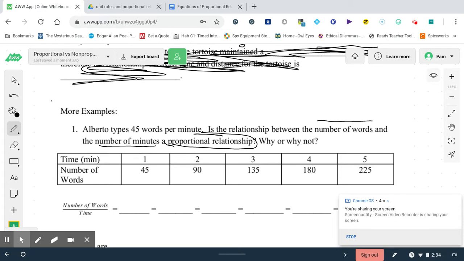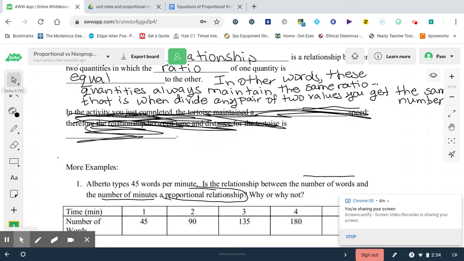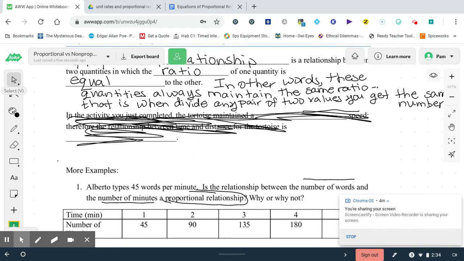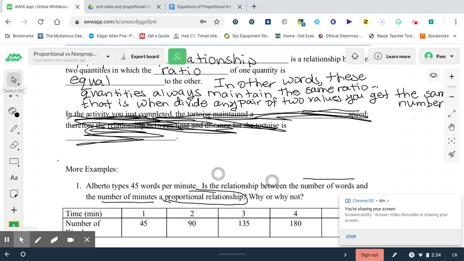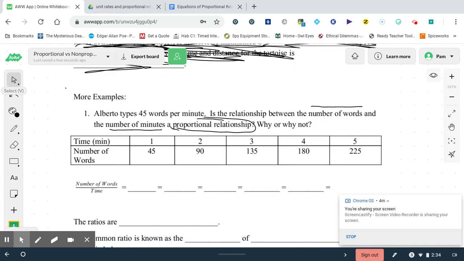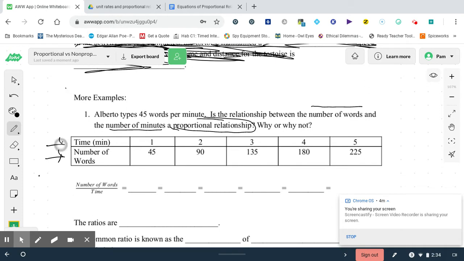All right, so just taking a look at this, what we want to do is divide. So we go back up here and it tells us we're going to divide any pair of two values. Now, what two values are we going to divide? Well, we're going to divide words and minutes. And as you can see, they're in the table right here. There's words and there's time in minutes.